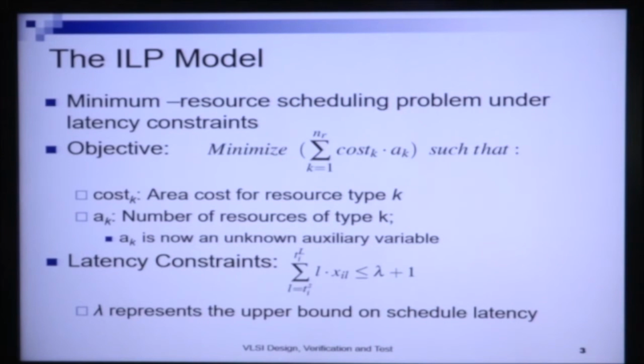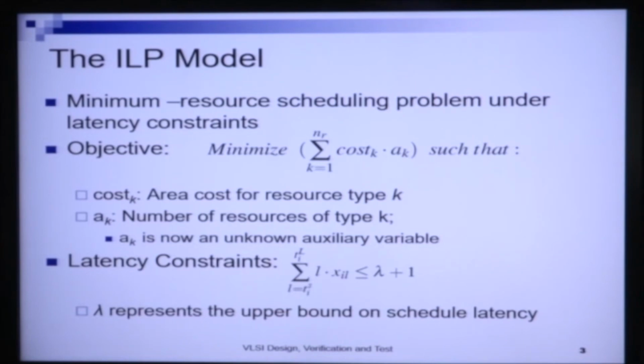Suppose I have two resources, multiplier and adder, and let us say A1 is adder and A2 is multiplier. Then cost 1 is the area cost of the adder, and cost 2 is the area cost of the multiplier.